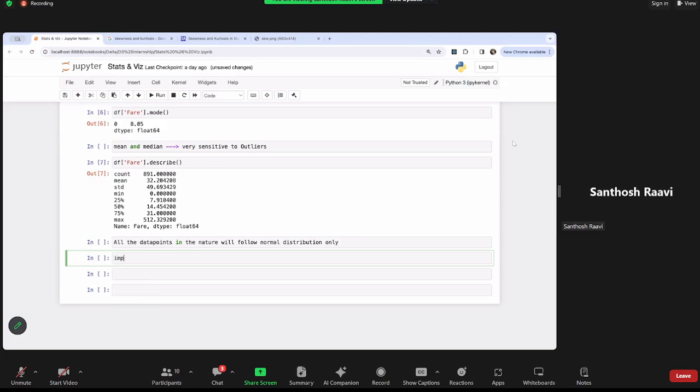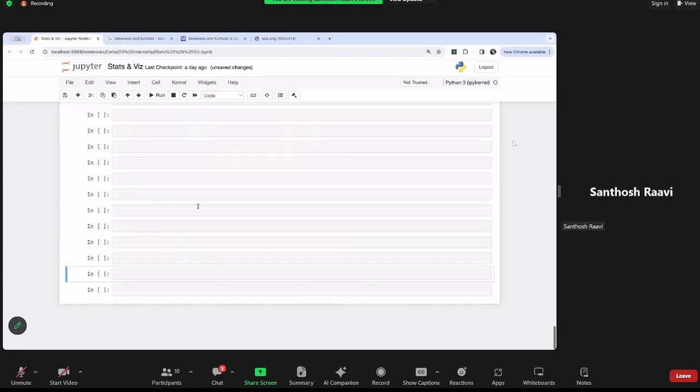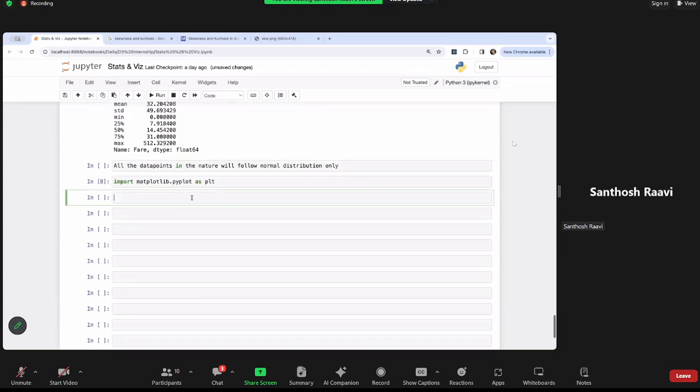Sorry, import matplotlib.pyplot as plt. Okay, now plt.